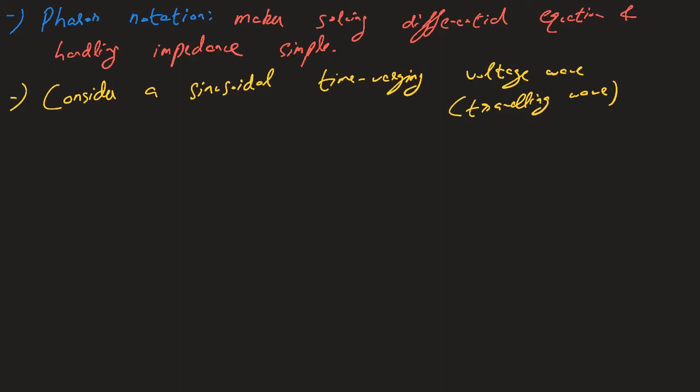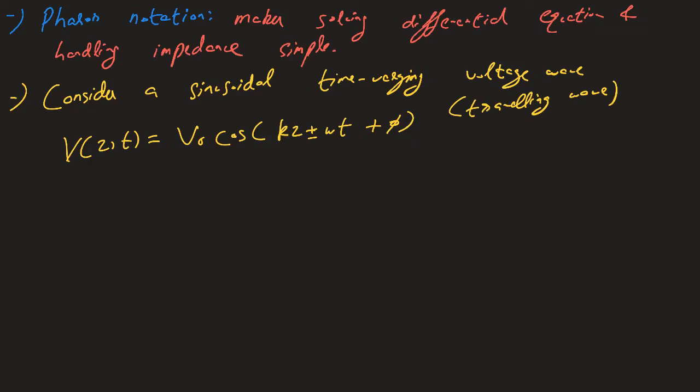Okay, so for example, V of z,t is equal to some V naught cosine of kz plus or minus omega t plus phi, right? So that's a typical sinusoidal traveling electromagnetic wave.